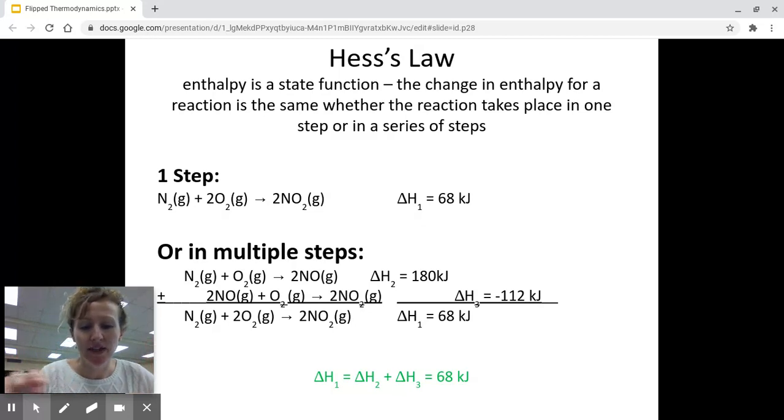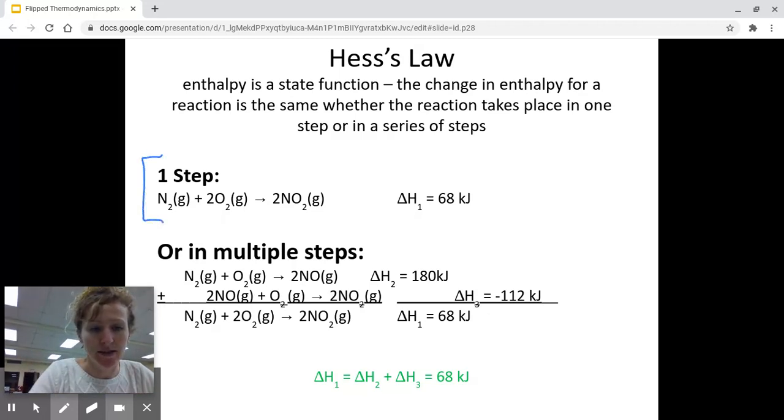So if you look on this slide, what I have here is the same reaction in one step versus the reaction broken up into multiple steps. So here you can see a one-step reaction. Now, these are the types of reactions that we typically talk about in our first year of high school chemistry, right?